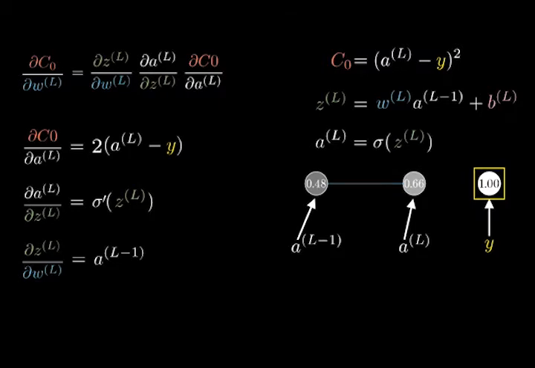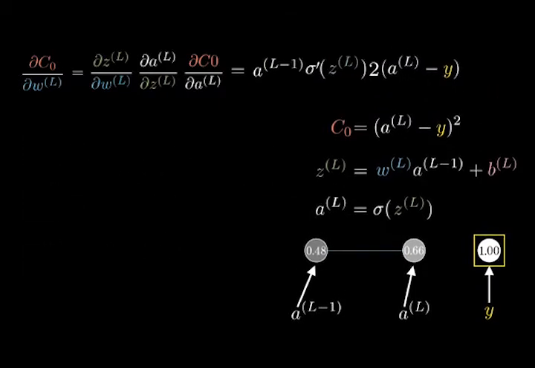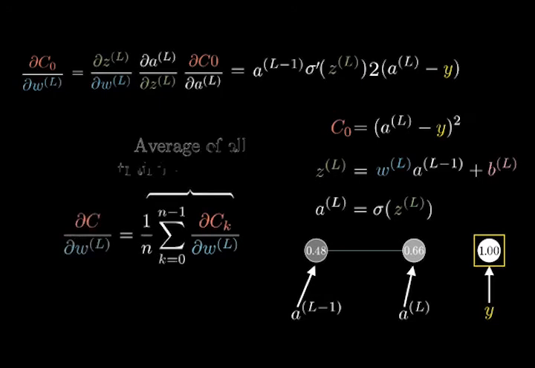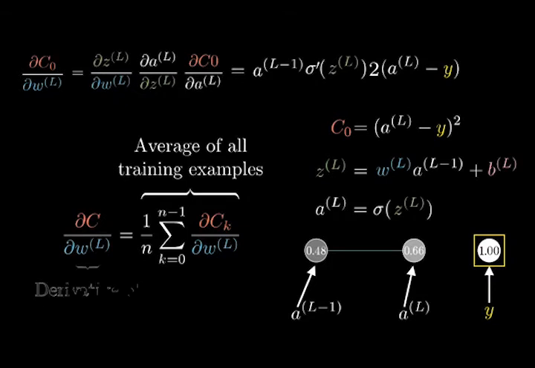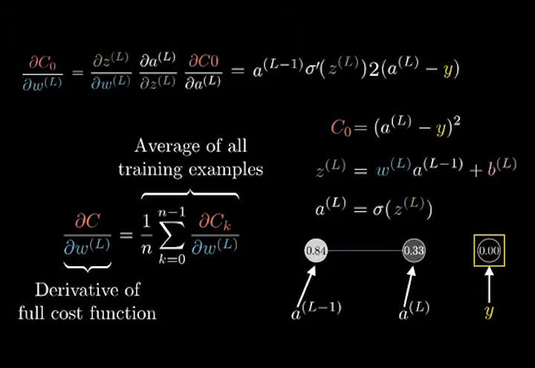And all of this is the derivative with respect to w^L only of the cost for a specific single training example. Since the full cost function involves averaging together all those costs across many different training examples, its derivative requires averaging this expression that we found over all training examples.